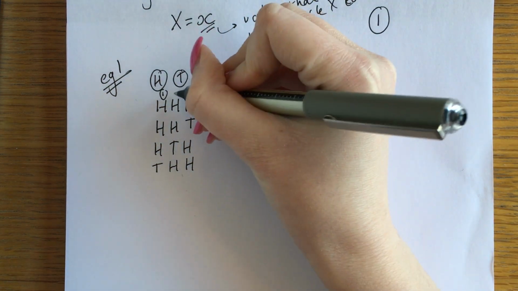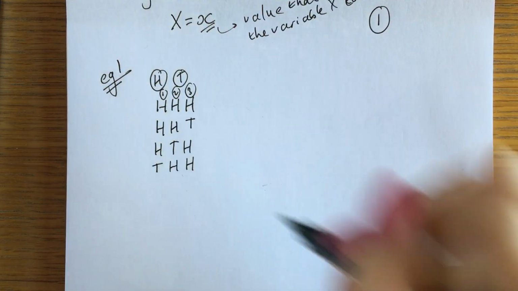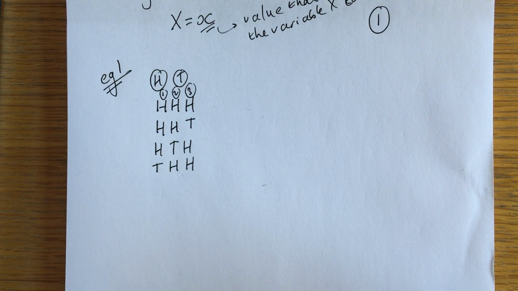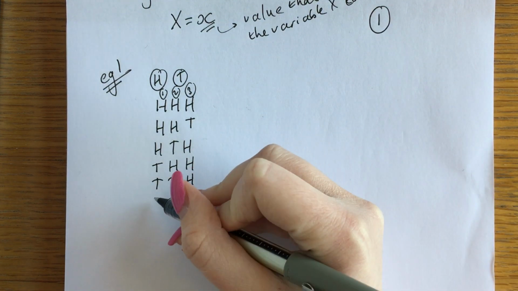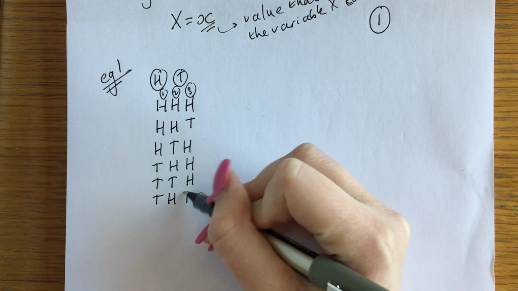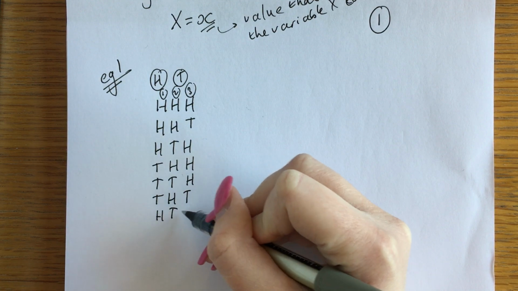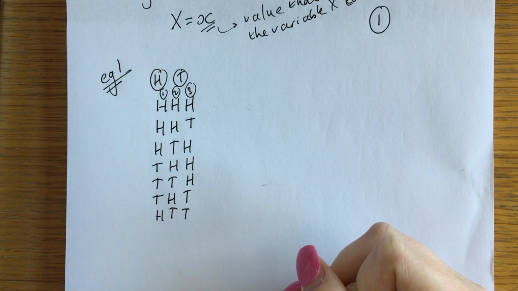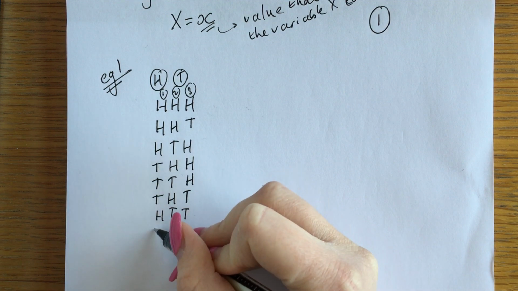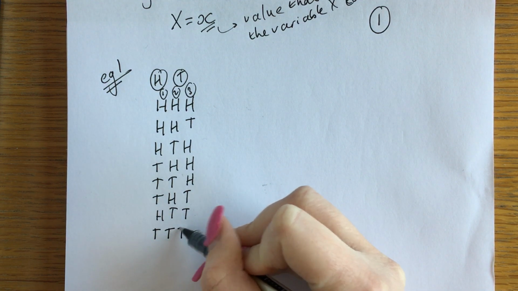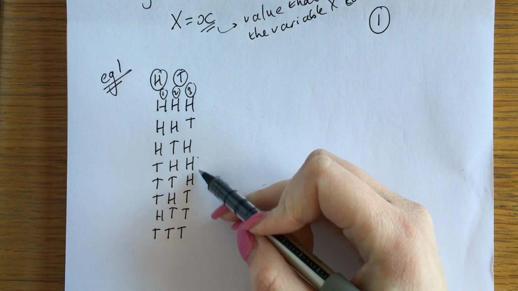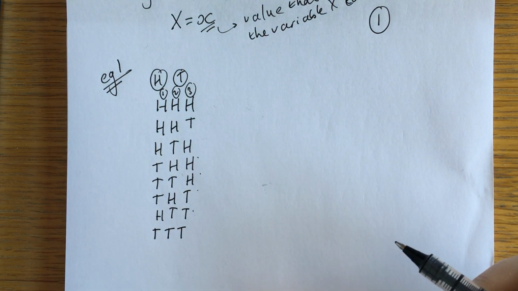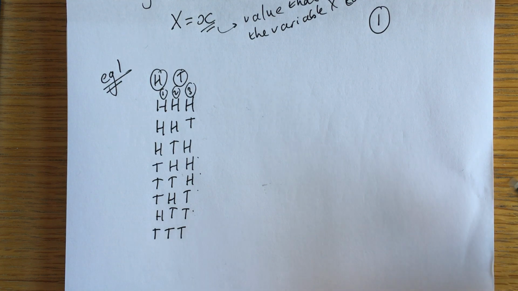So you might have coin 1, coin 2 and coin 3 because they are separate ideas. So I could have 2 tails and a head, but I've got 3 different ways in which that could happen. And then I could also have 3 tails. So I've got 1, 2, 3, 4, 5, 6, 7, 8 different outcomes that I could have.